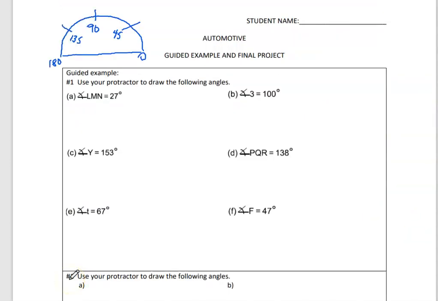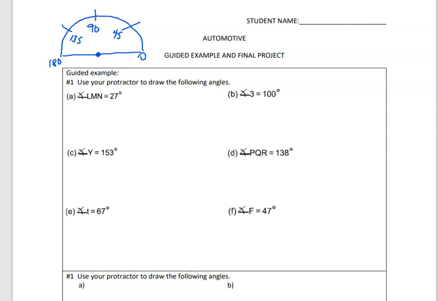This section is multiple choice, and so I'm not going to get specific with the degrees and the protractor, but we're going to draw an estimate of 27 degrees here. If it says that my angle is 27 degrees, then I know that 27 degrees is between 0 and 45.